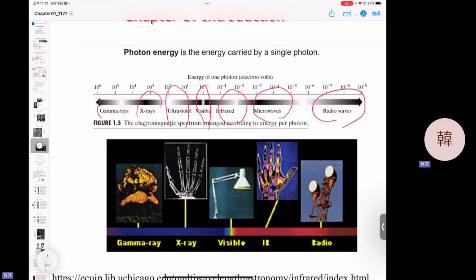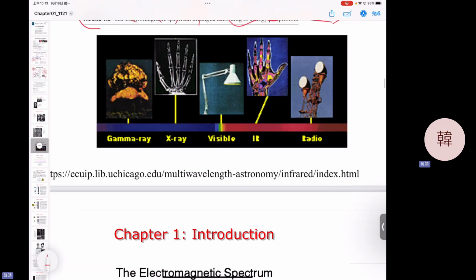So it depends on the photons transmitted in the air. When the frequency is higher, it's harmful. But lower than the visible spectrum, I think it should be very safe to expose yourself to these different EM wave environments.